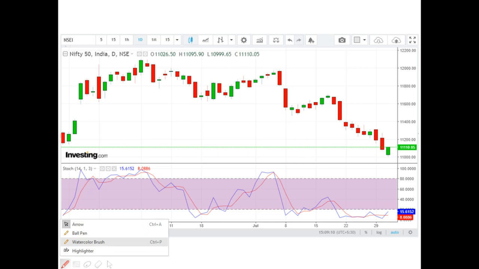Let me mark that. It starts here and ranges till the 100. When it crosses above 80, it shows overbought signals, and when it crosses below 20, you can see these are oversold signals. So this is the stochastic oscillator. When you apply it on a chart, this is what it will look like.